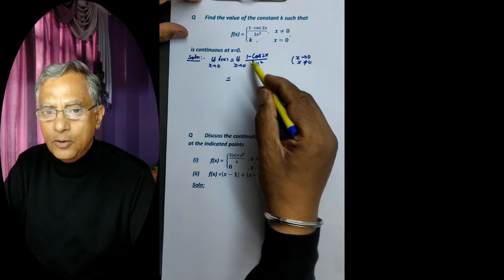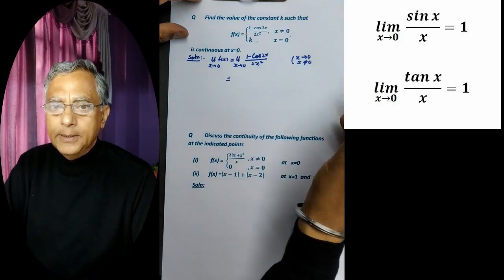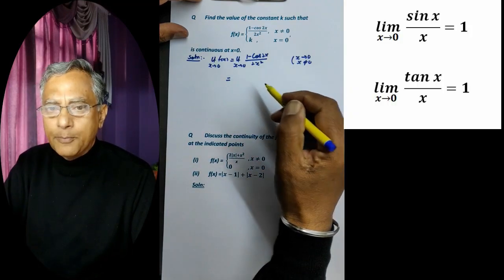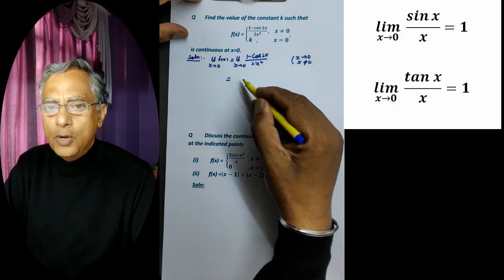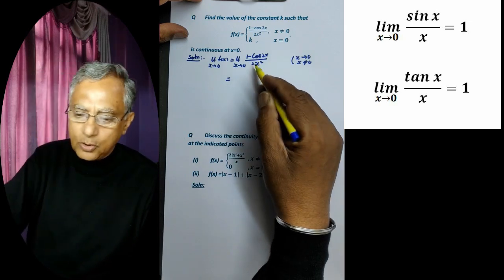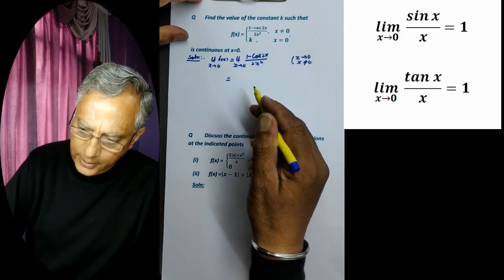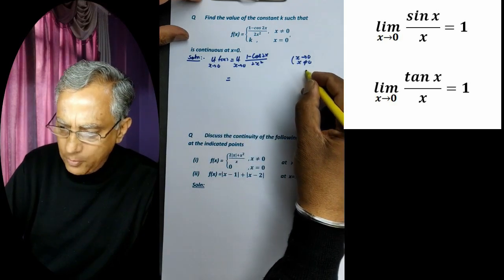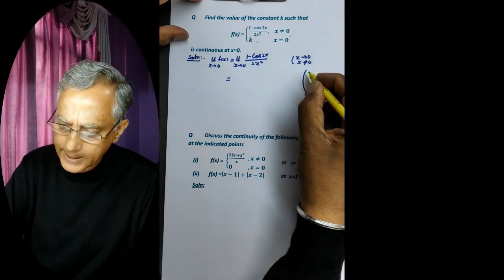So in limits, we have studied two formulae. You can see the side sheet. Limit x approaches 0, sin x over x is 1, and limit x approaches 0, tan x over x is 1. So we reduce such questions into these two formulae. From trigonometry you must remember two very useful formulae.